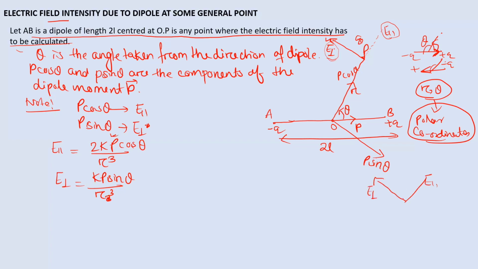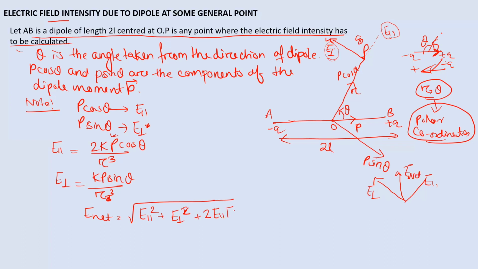So the net electric field will be here. This is your E net, that is the resultant electric field. So we already know what is the resultant electric field. How do we calculate using vectors? It is the square of the first vector component, plus the square of the second vector component, right? Plus twice of what?